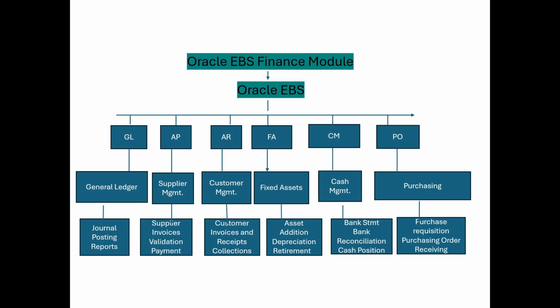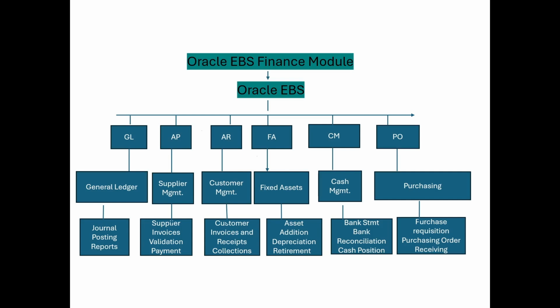Why do you use Purchasing? For purchase requisitions, purchase orders, receiving, and supplier management. I will give you an example. If the IT department needs new laptops, they create a requisition, Purchasing creates a purchase order, and the supplier delivers the laptops.